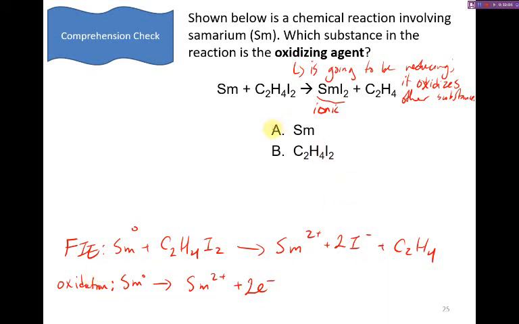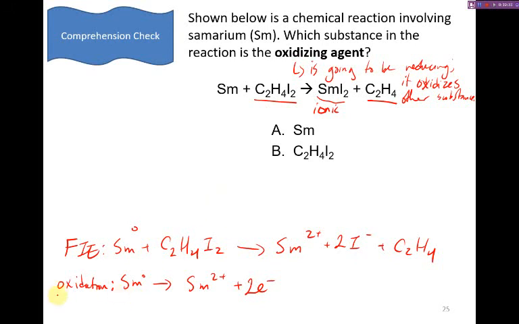Whereas when we determine the oxidation numbers of the other elements, we can see that this compound, we're losing essentially the iodine atoms.